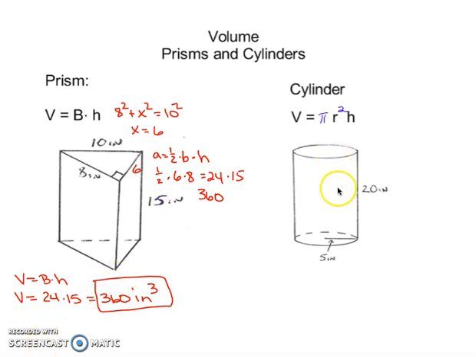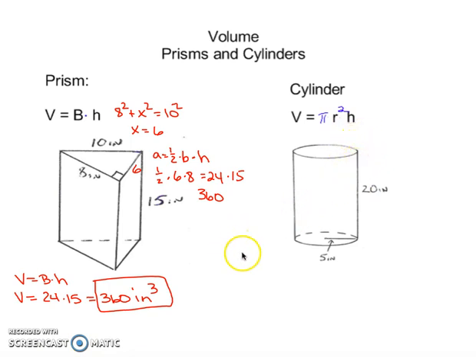So for the cylinder right here, volume equals pi, our radius here is 5, so pi times r squared, and again, times the height, which goes from base to base, so you're going to multiply that by 20.